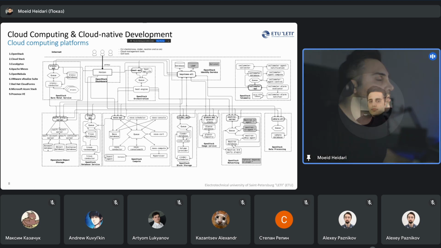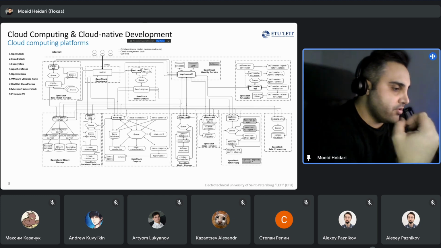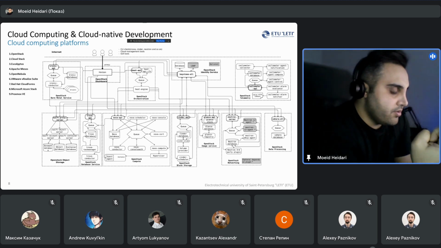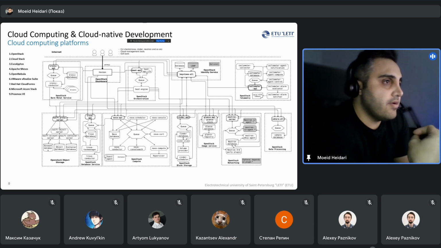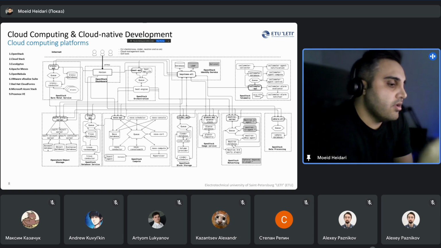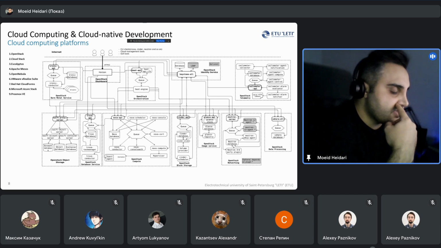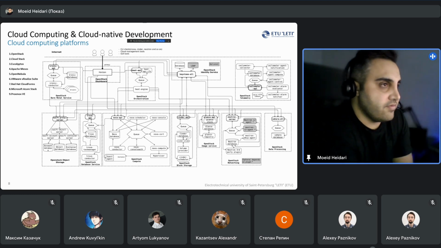So a cloud computing platform is a kind of platform where you have a bunch of functionalities that you want to configure and maintain a whole cloud computing system. It's not just about the computing infrastructure.